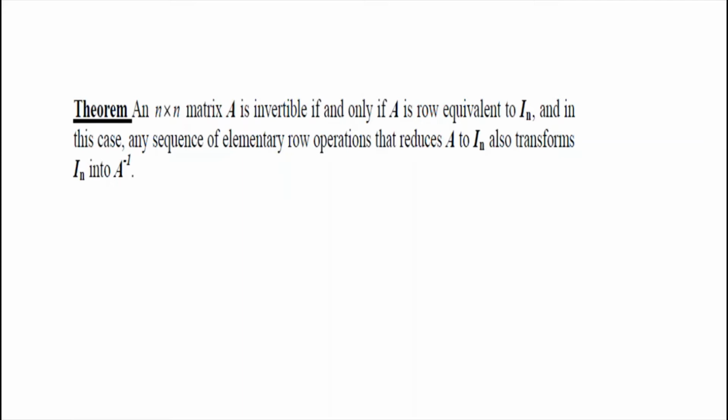This is an interesting theorem: if we apply row operations to transform a matrix A to the identity matrix, the same operations applied on the identity matrix transform it into another matrix which is called the inverse of A.